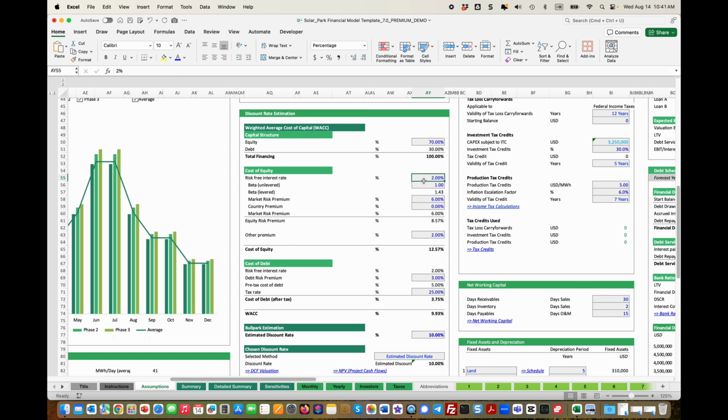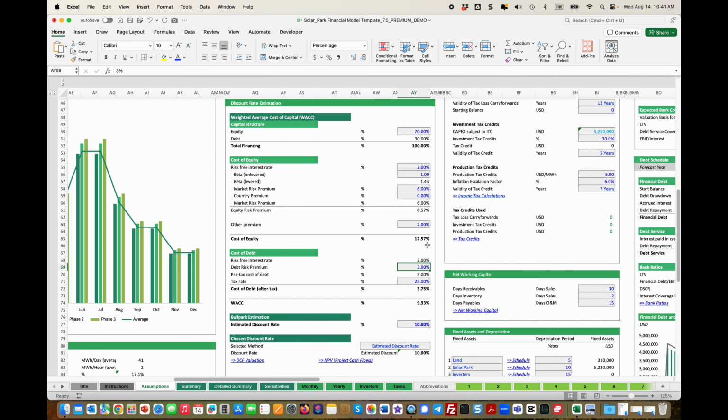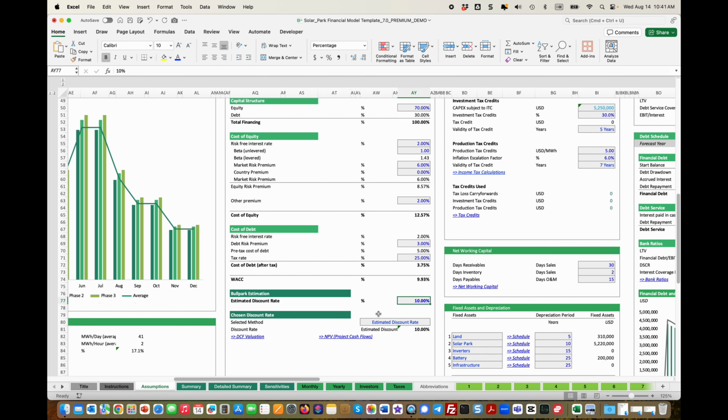We basically estimate the cost of equity by using risk-free rate, the beta, we lever, unlever, we get to the market, we take into account the market premium, multiply by the levered beta, we get to the equity risk premium, maybe there's another risk premium to be added, so we can estimate the cost of equity, and we can estimate the cost of debt. We want to double check if these calculations correspond to what we would estimate the discount rate might be. That's the idea.